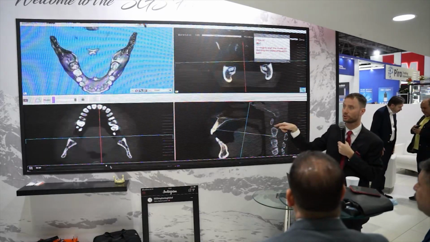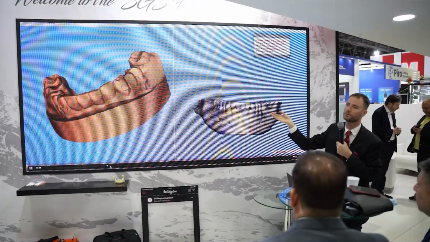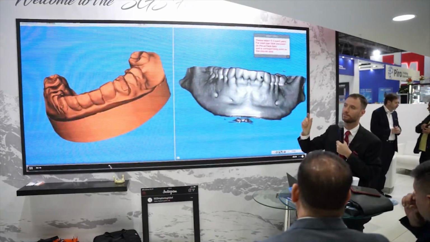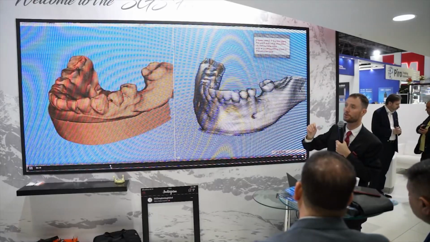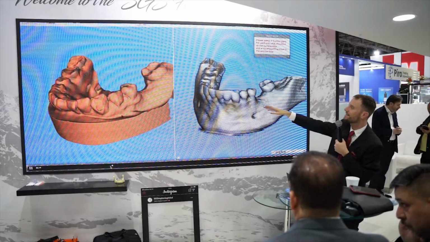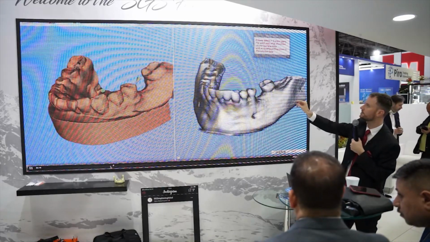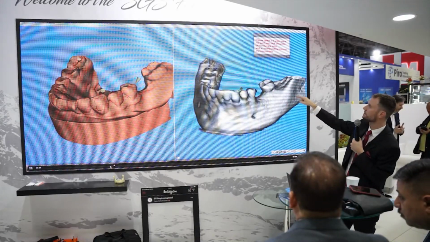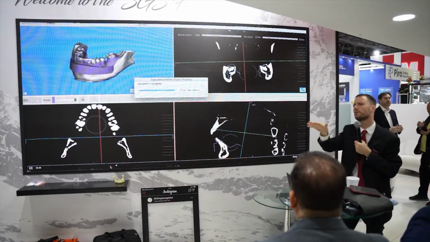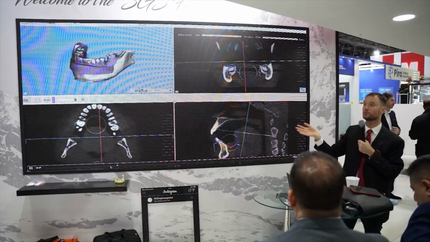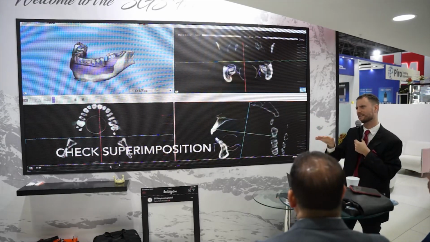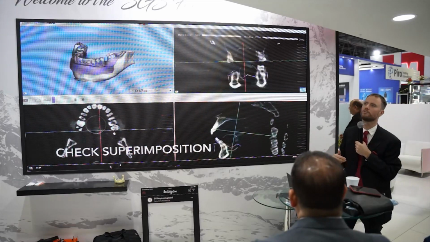The other software I showed you before, you don't do it. They do it for you. It's a cloud-based system. You upload the two data sets, STL and DICOM, and you get back the merged result. But it's simple. You put 1, 2, 3 dots here, and the same 3 dots on the STL, and then the computer does it. So not so complicated. But it's a computer thing. So as a dentist, you have to learn to deal with the computer. That's something most people are out of their comfort zone with.